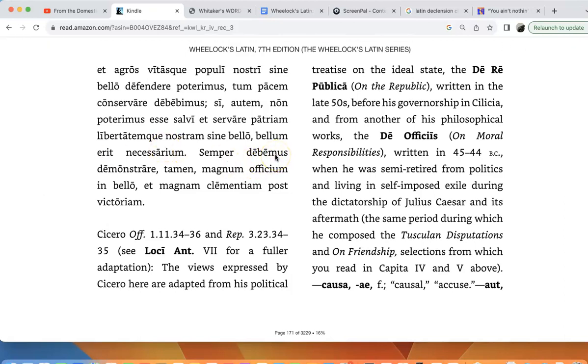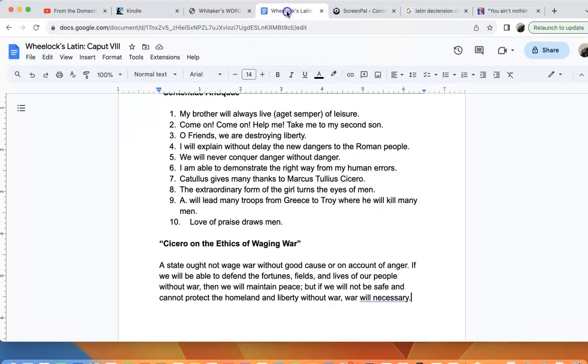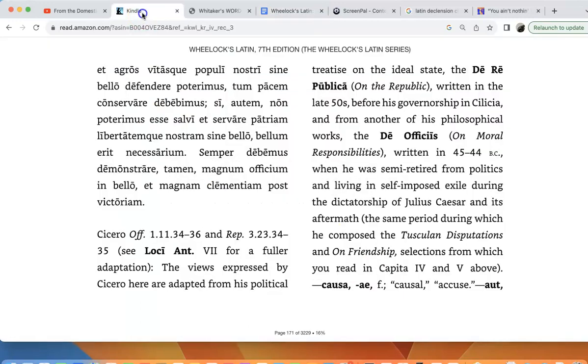We ought, so mus means we ought always to show, so demonstrare means to show, or will, oops, I forgot the verb here. Let's see here. So yeah, we ought always, okay.